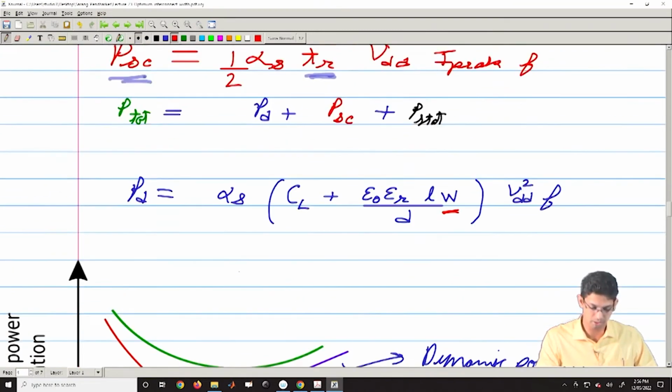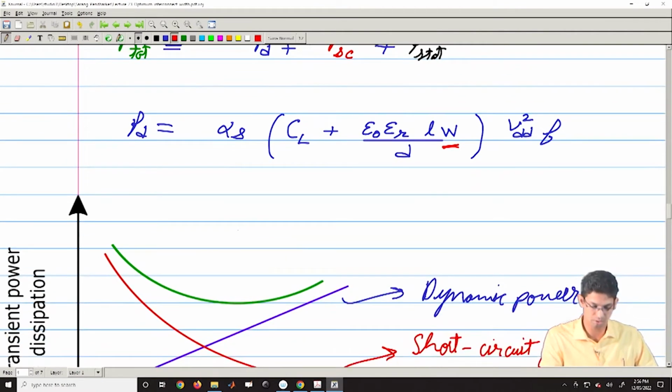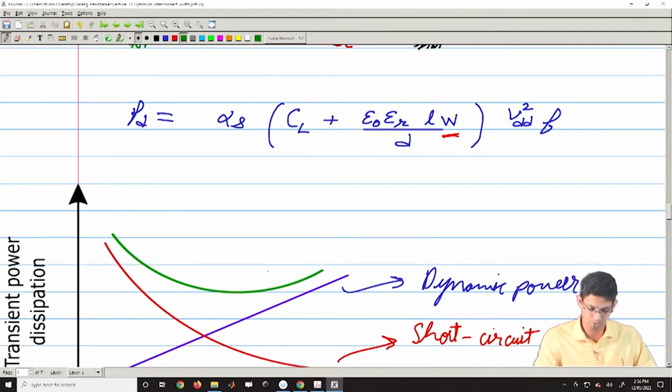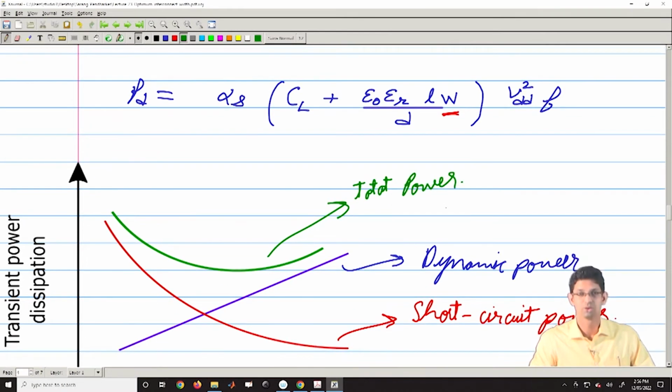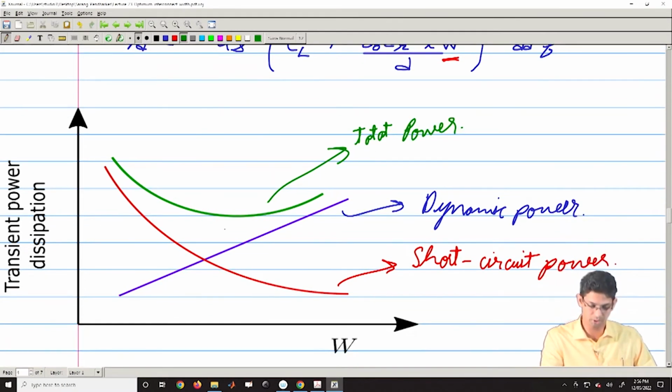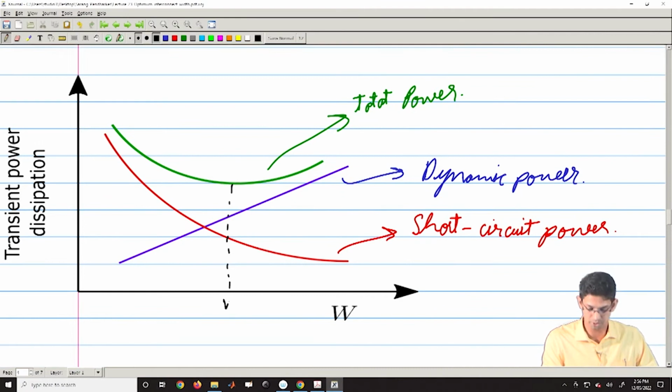And this green curve here is your total power. So, your total power will have a shape like this, and then there would be some optimum width which will give you minimum total power.